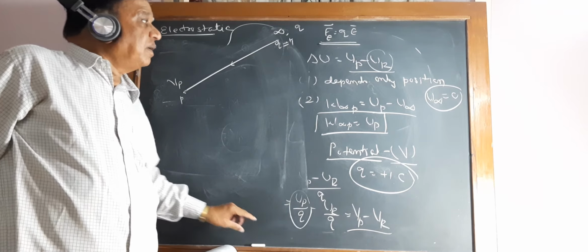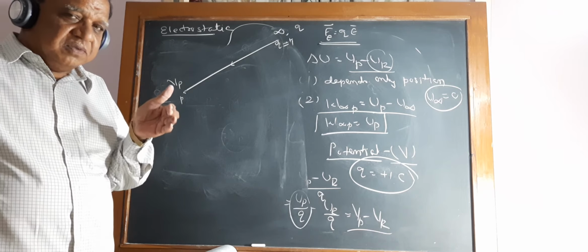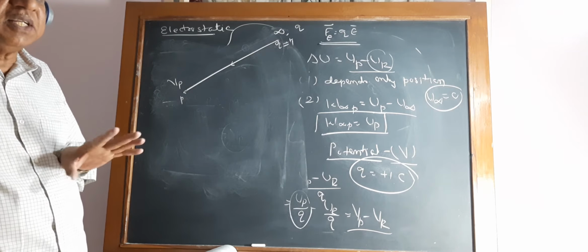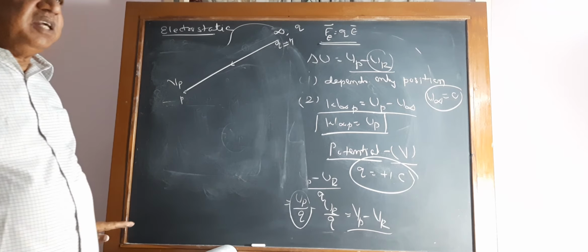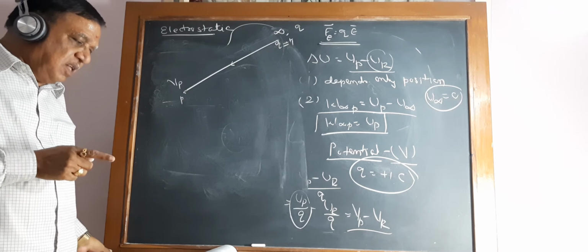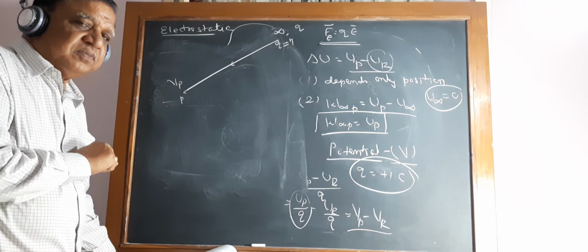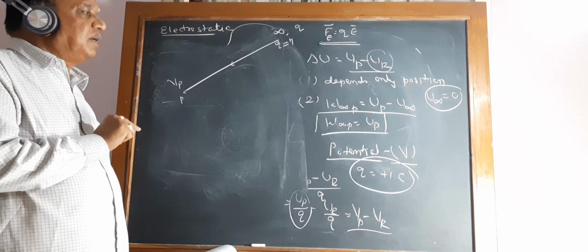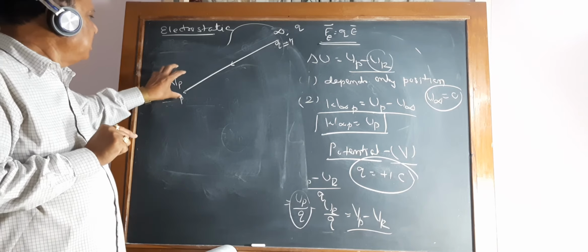Again definition. In bringing unit test charge, unit positive test charge from infinite to a given point in the electric field against electric field is known as electrostatic potential at that point, denoted by Vp.